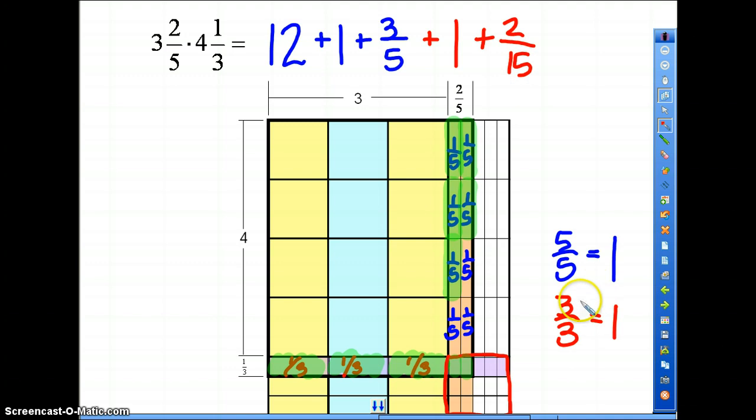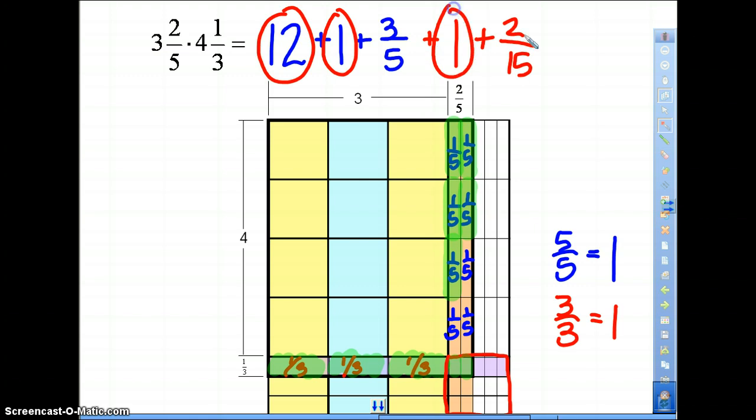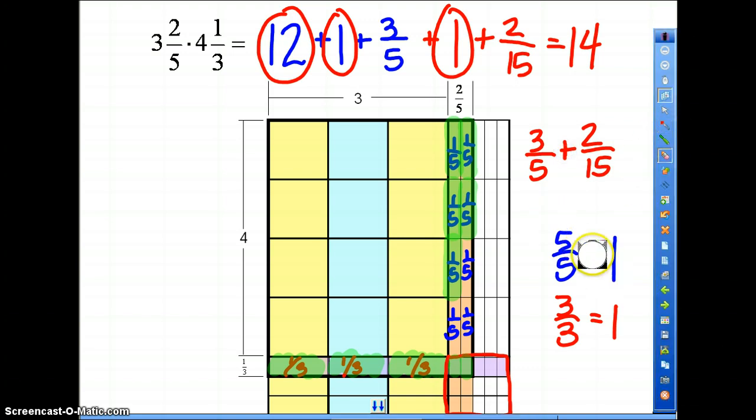All right? So I can take 12 plus that 1 plus that 1, and I've got 14 wholes. I need to take my 3/5 here and add on 2/15 to that. And I know you guys know that you can't add unless you've got common denominators.